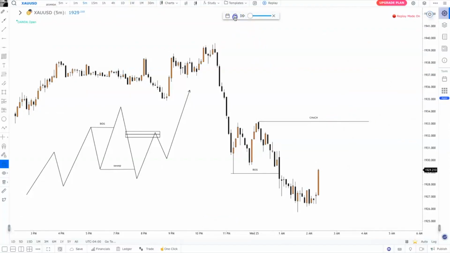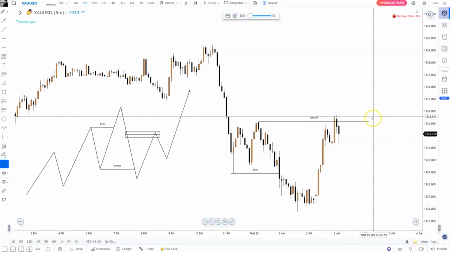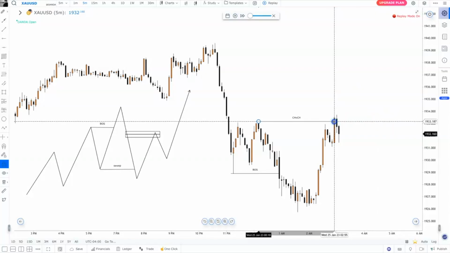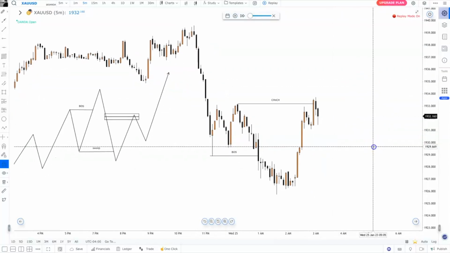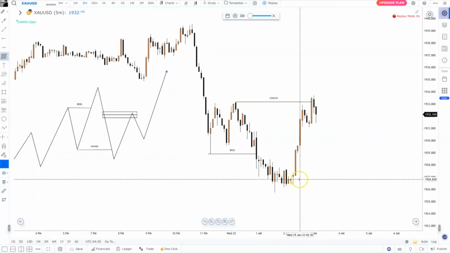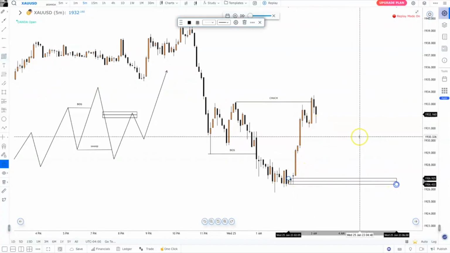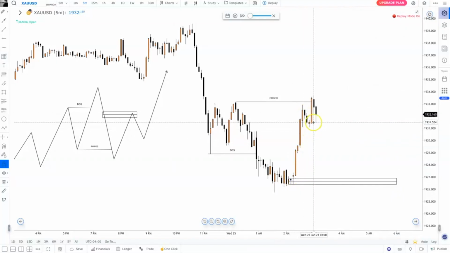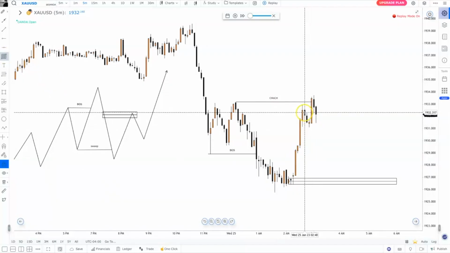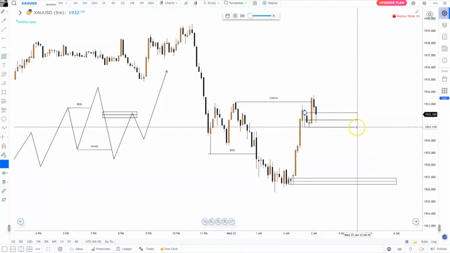So let's see what's happening. Boom, you go there and you see that you have now your potential change of character, and you're like, holy cow, yeah, I have my change of character there. Let me see if I can mark up this little zone right here as my order block, because I don't see anything else here. Maybe here there is a POI, maybe this POI zone right there.